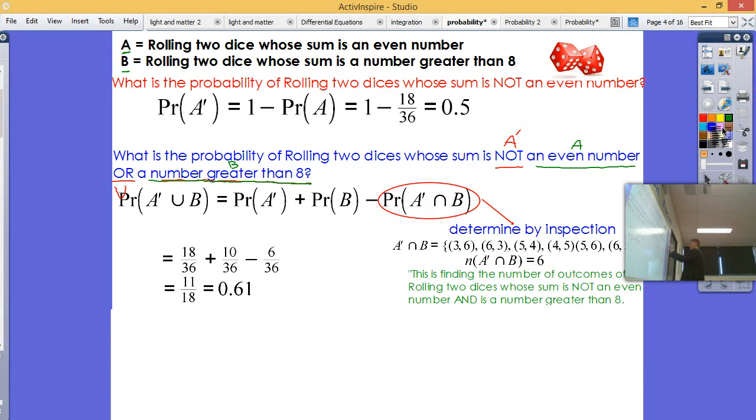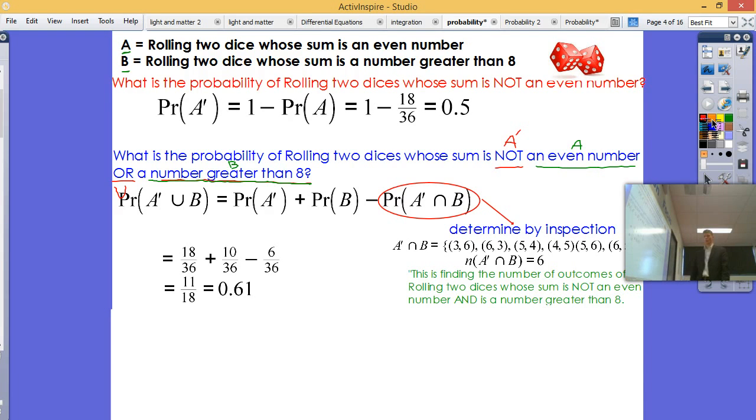Now, I don't know much about this, but what I'm going to do is count it up. I'm going to count by thinking about the problem in a logical way, all the outcomes that occur for not A intersect B, when it is not an even number and a number greater than 8 at the same time.